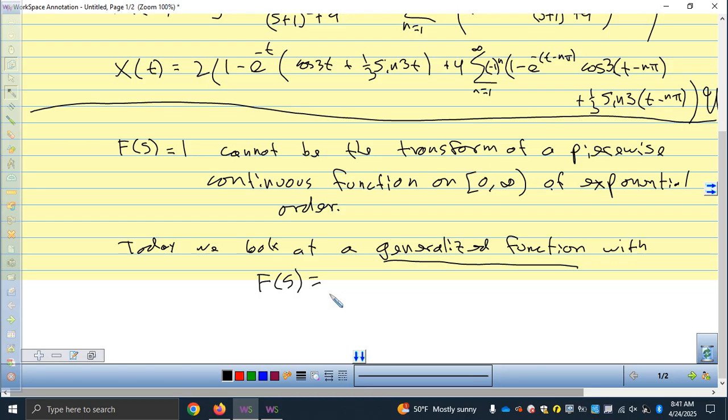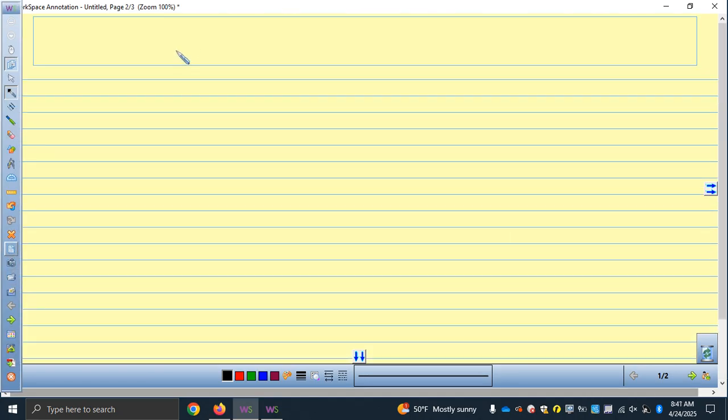So this is not a function in the normal way we think of a function, but we call it a generalized function. To get started, we talked about a unit step function. Now we're going to talk about a unit impulse function. And that will get us to the Dirac delta function.